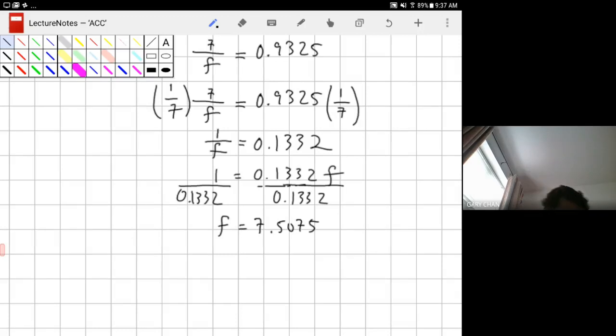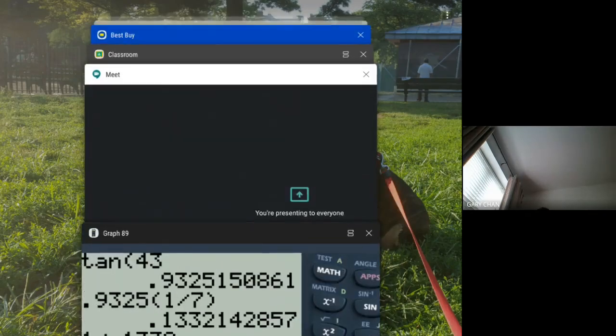Cool. All right. So I'm going to jump out of this. I'm going to stop presenting on my tablet, and I'm going to do this again. What was the answer again? 7.51.